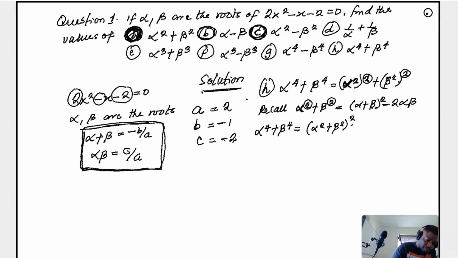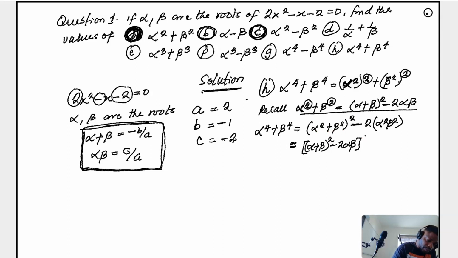all squared minus 2 alpha beta. So alpha is alpha squared, then beta squared. You see that? So in this case, you already know alpha squared plus beta squared, what we got. So this is same thing as saying alpha plus beta all squared minus 2 alpha beta, which is alpha squared plus beta squared is already this one here.